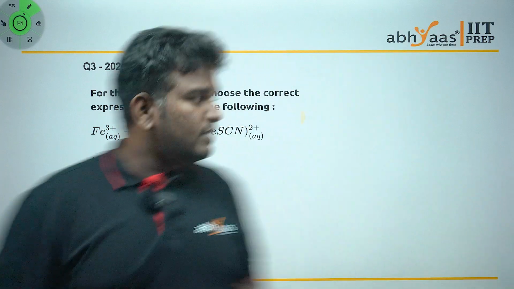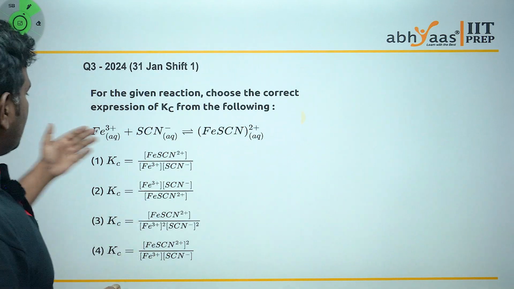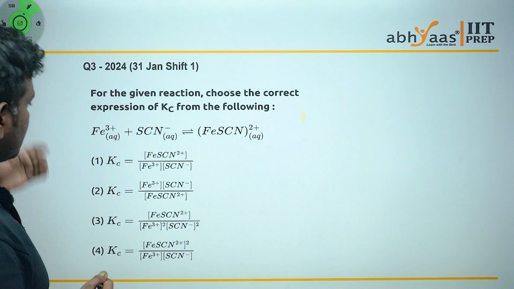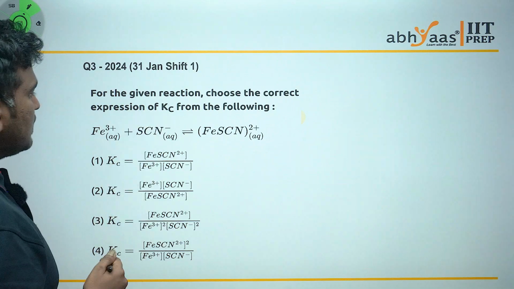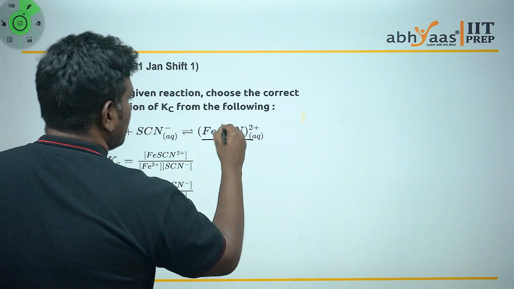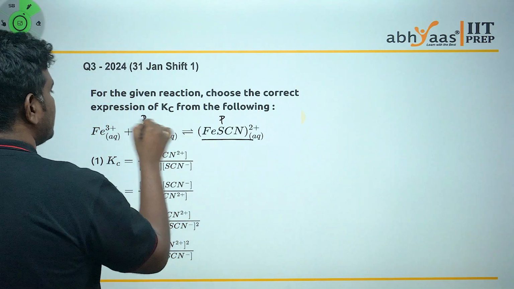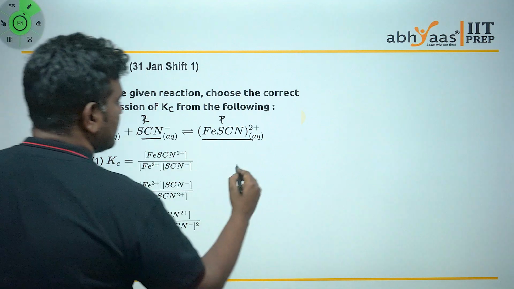So we know that here Fe3+ and SCN- give you FeSCN2+. Here you have the product, here you have the reactants. So what will be Kc?